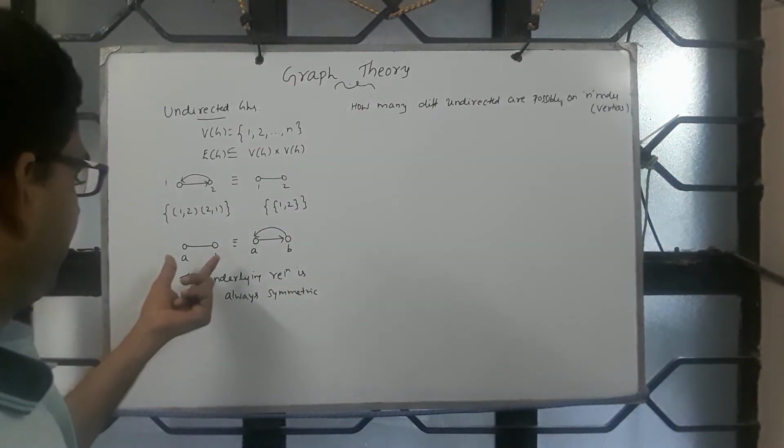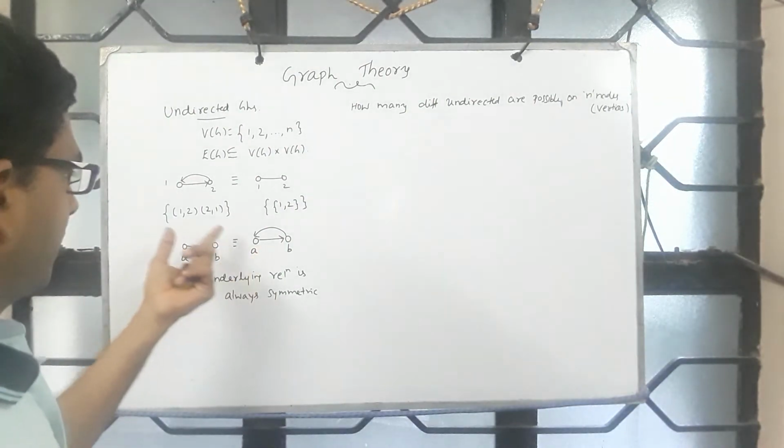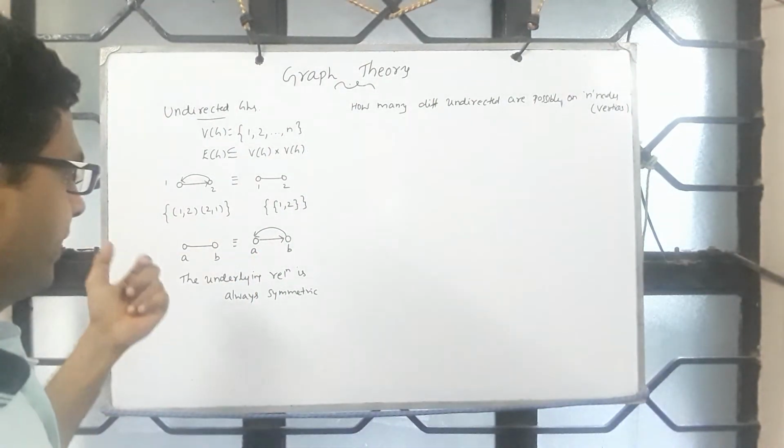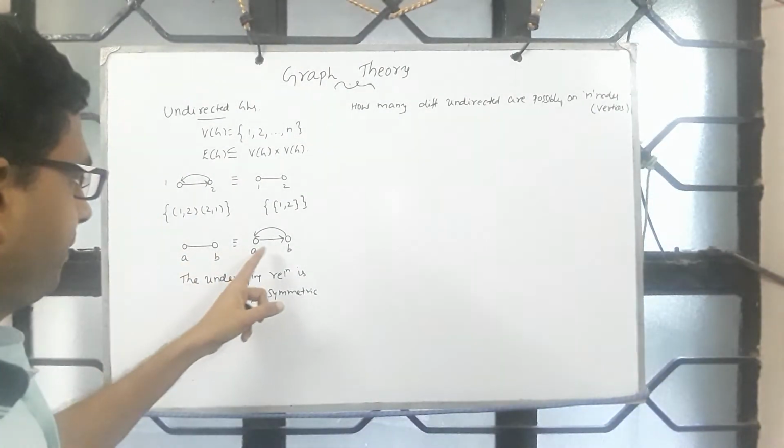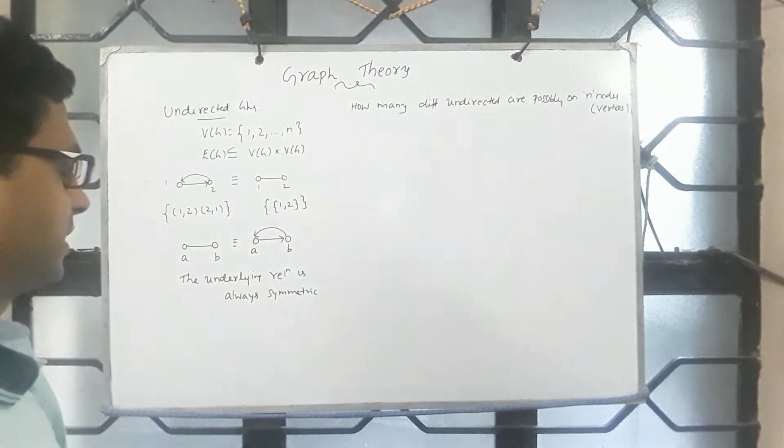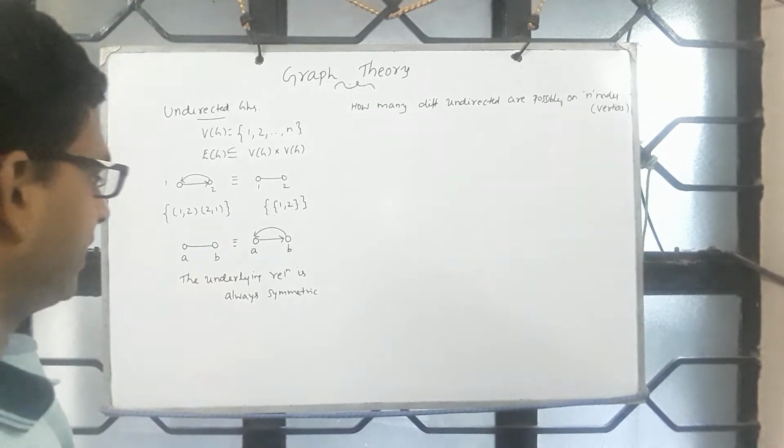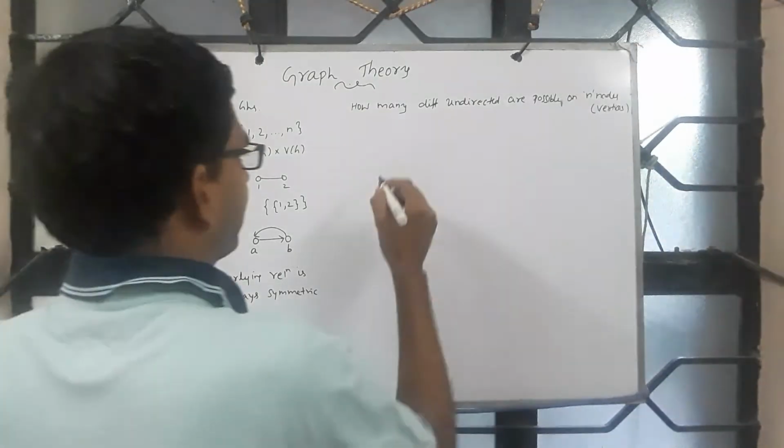When you have an edge between A and B, if you look at the underlying relation, you will see that AB and BA both are present, which means the underlying relation is always symmetric.